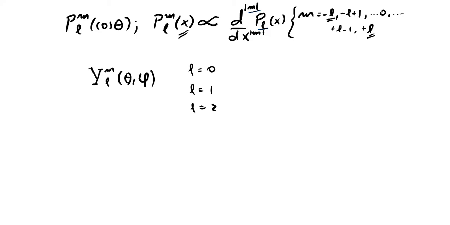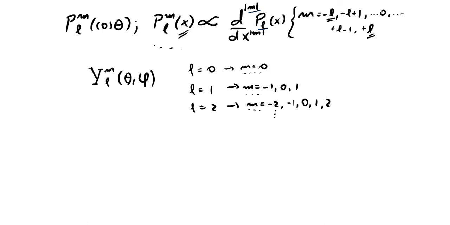L equal to 0 allows you to use m equal to 0; L equal to 1 allows m equal to minus 1, 0, or 1; L equal to 2 allows m equal to minus 2, minus 1, 0, 1, 2, and so on and so forth. These constraints appear because of the definition of the associated Legendre polynomials that form your spherical harmonics. This is something that you see in the hydrogen atom, for example.